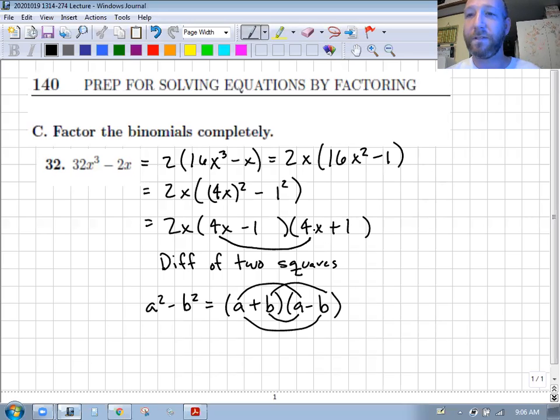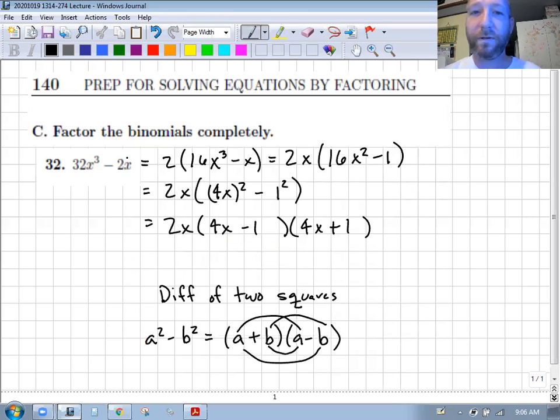See, that gives us our 16x squared. This gives us our minus 1. Then we have a positive 4x and a negative 4x, so the x terms cancel one another out. See, there are no x terms. We just have the x squared and the 1. So this would be our full factorization.